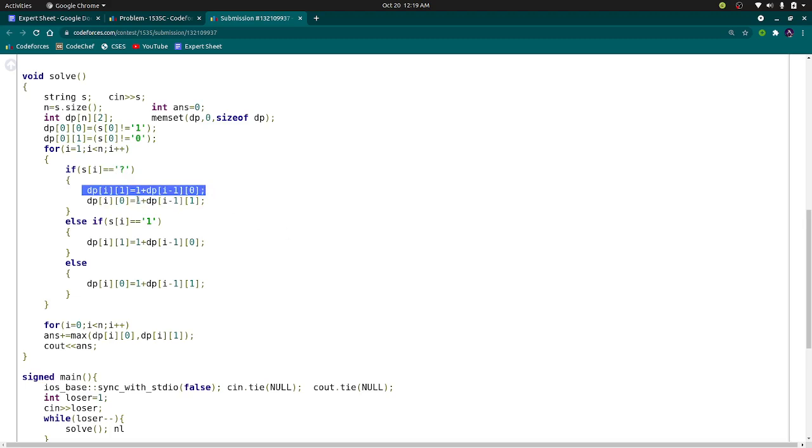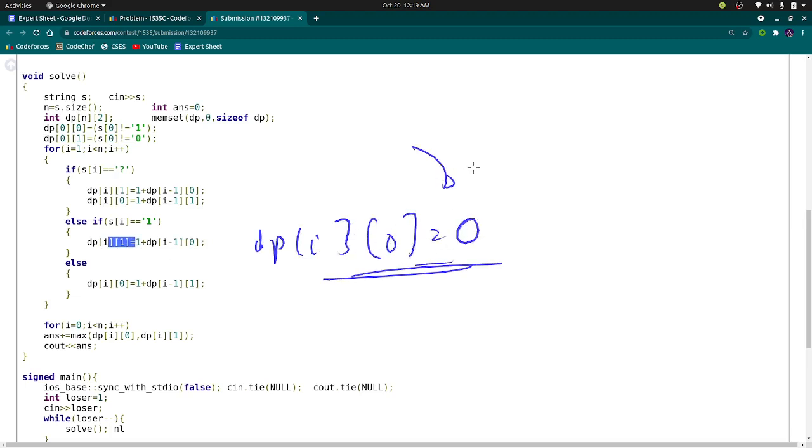Either we start from dp of i, taking i, if it's 0 then we count from ones, and if it's 1 then we have only one possibility, to count from the 0. I have not mentioned the second part, that will be dp i 0 equals 0. This will become 0 because here our substring will end. I have initialized all the dp, that's why I have not written it here.